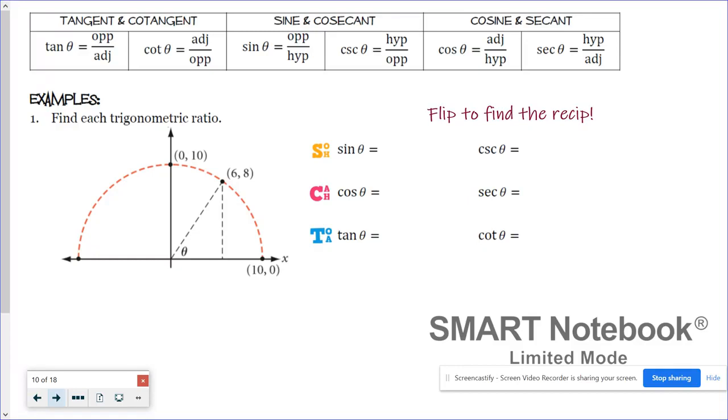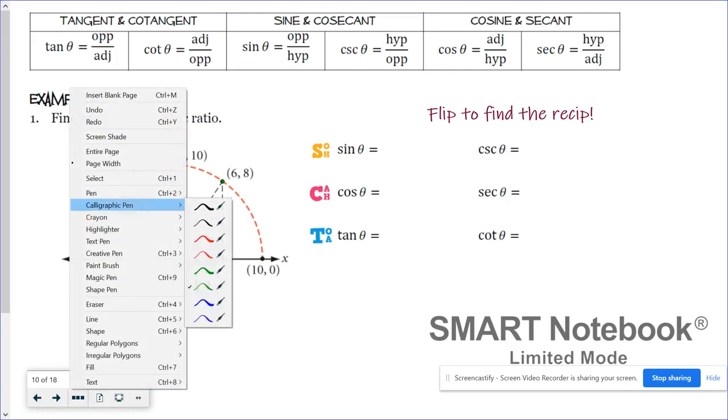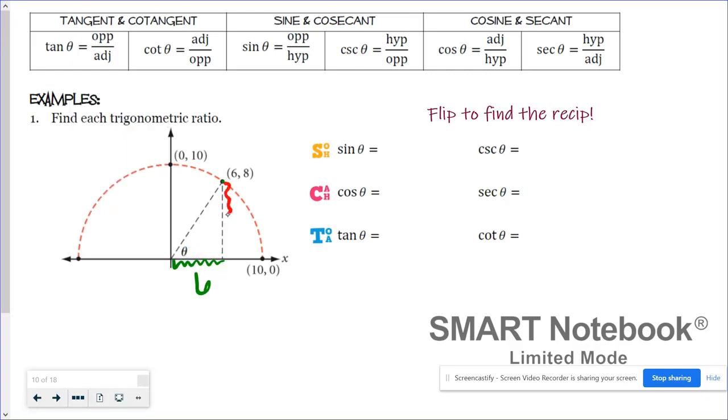And so the fact that this point right here is at 6, 8, the x value is 6. So that tells me the horizontal length of that triangle is 6. And then the y value of 8 tells me the vertical side is 8.